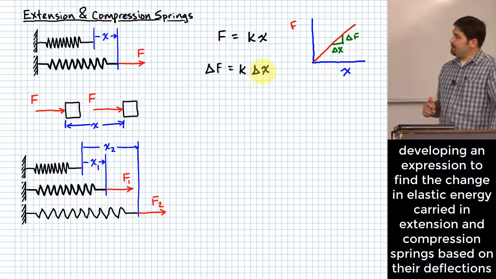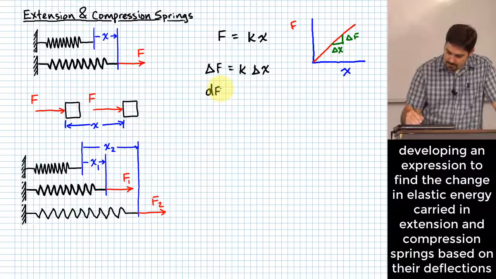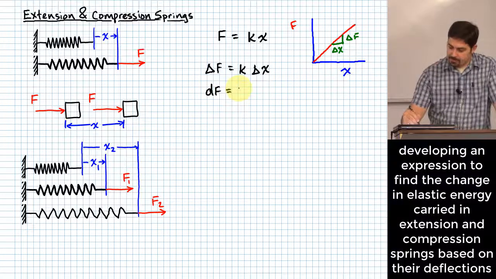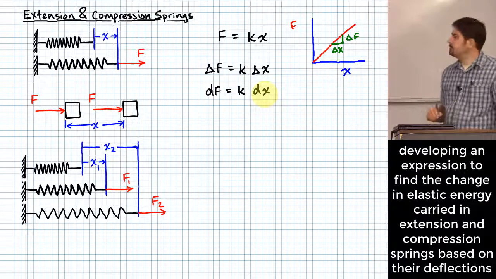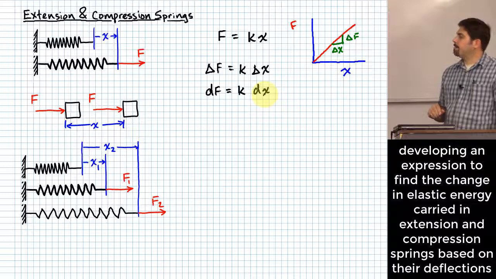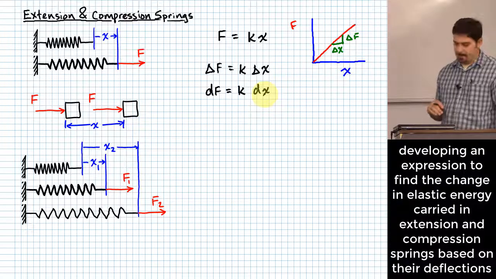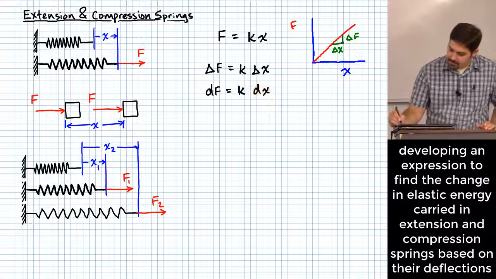Well, just like we did before, instead of a delta, you can take it to an infinitesimally small difference. Okay, and that allows you to do some interesting things like integrate. Well, recall again our energy equation. I drew the little picture here.